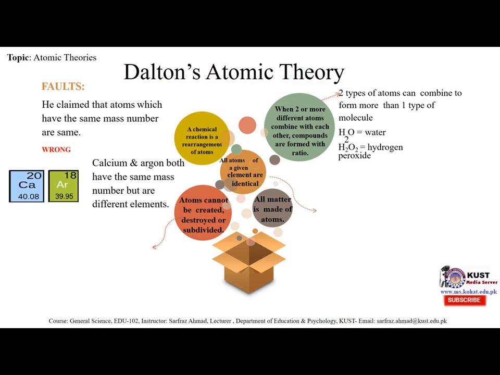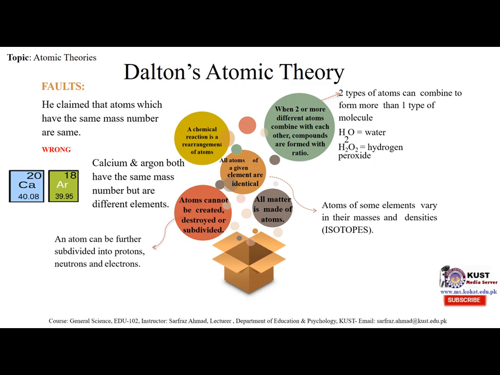Like H2O is water, H2O2 is hydrogen peroxide. So atoms of some elements vary in their masses and densities, like isotopes, and an atom can be further subdivided into protons, neutrons and electrons.